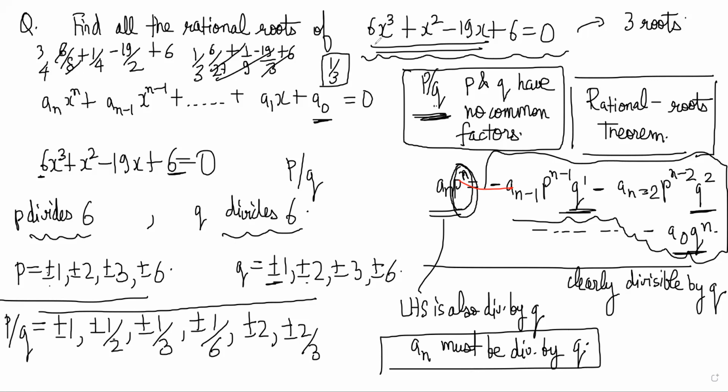If you get one of the roots, then x minus 1 by 3 is a factor. Divide, get a quadratic, and then we can get the two other solutions. Or if you are lucky, you will get one more root by checking here. And if you get one more root, then it is over; you get the quadratic directly.